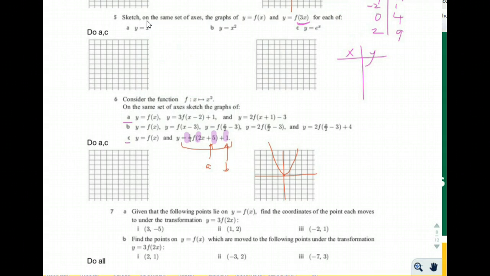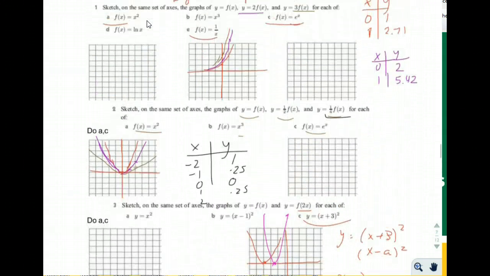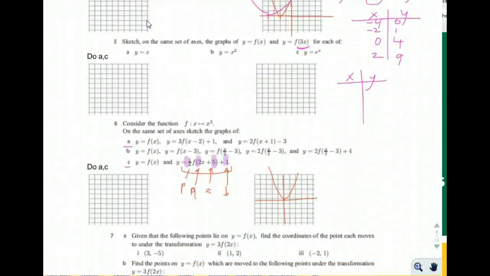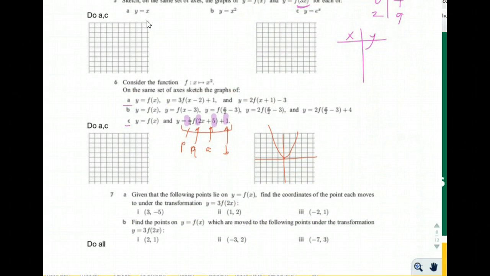We have a p value of 2. Or is that a q value? I don't even remember. One of them's p and one of them's q. Is p on the outside, right? Yeah, p on the outside, q on the inside. So p is 1/4, q is 2, a is equal to -5. Be careful because it's minus a. B is equal to 1.